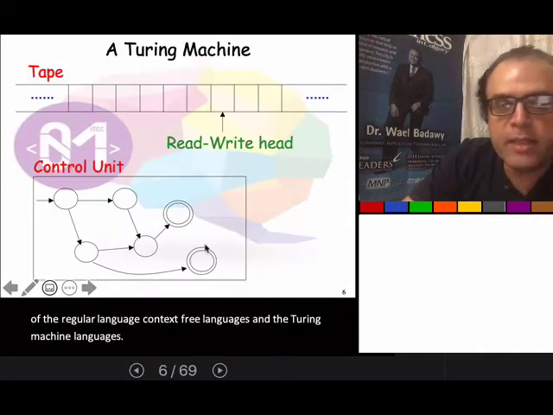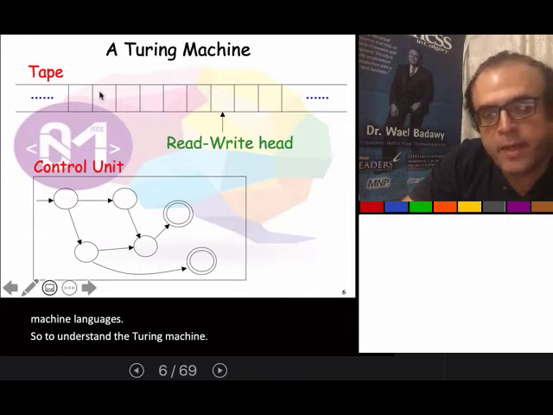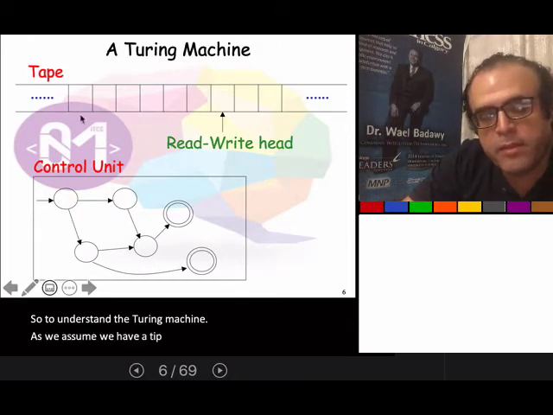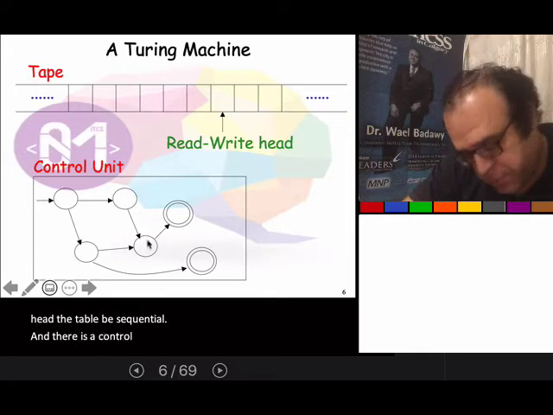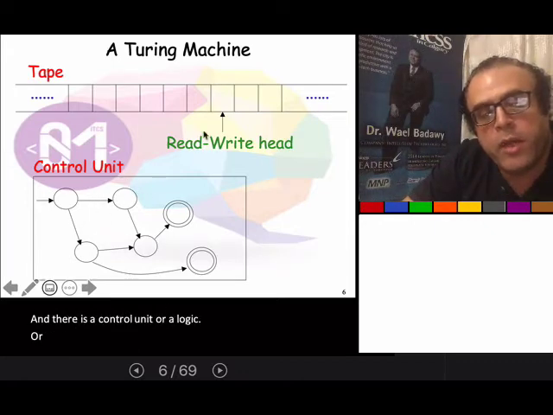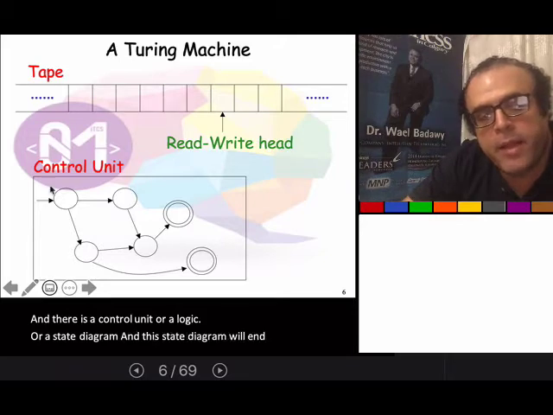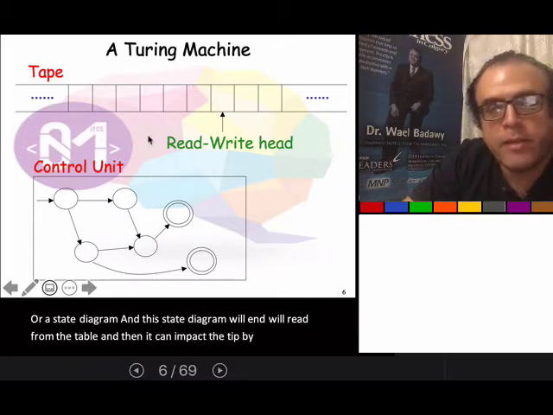To understand the Turing machine, we assume we have a tape, and the tape has a read-write head. The tape is sequential, and there is a control unit, or a logic, or a state diagram. This state diagram reads from the tape, and then it can impact the tape by advancing or by writing.